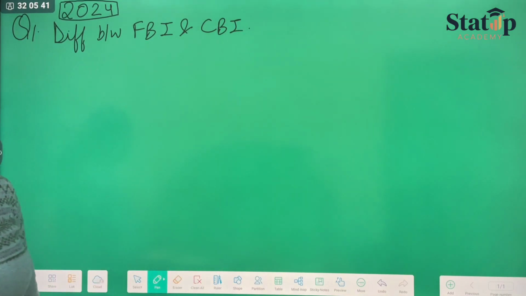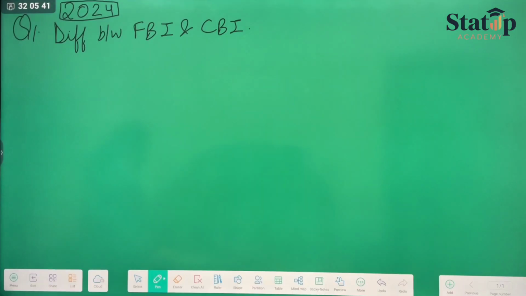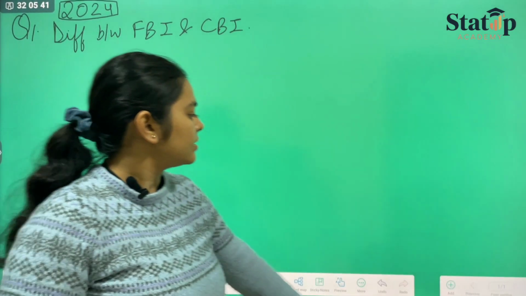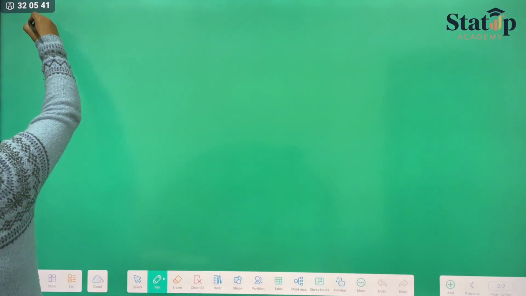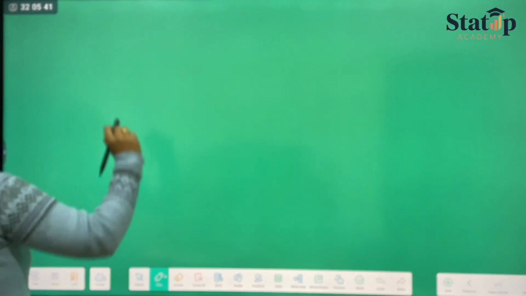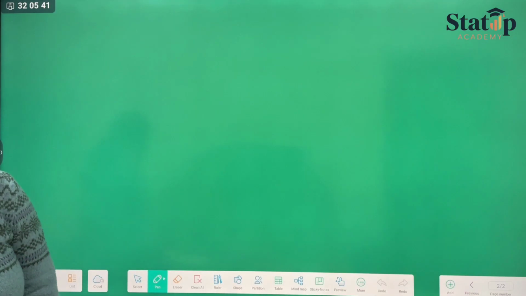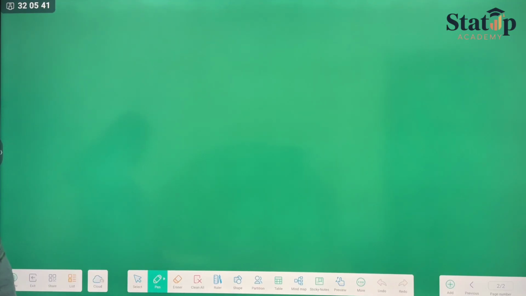This is the first question, and the second question that has been asked is to calculate fixed base index. Let us write fixed base index on the second part of the question on the next page.